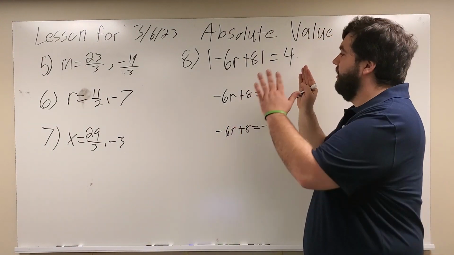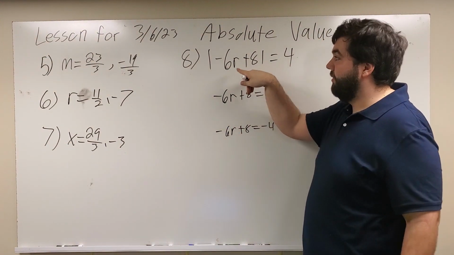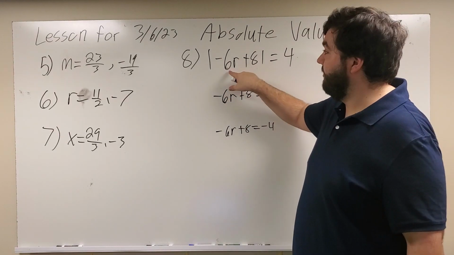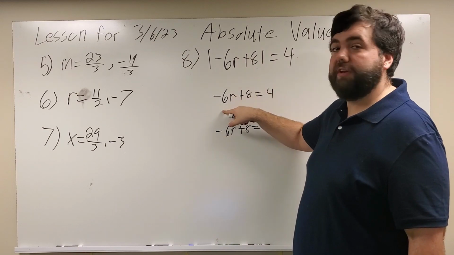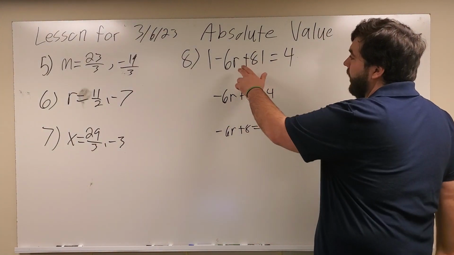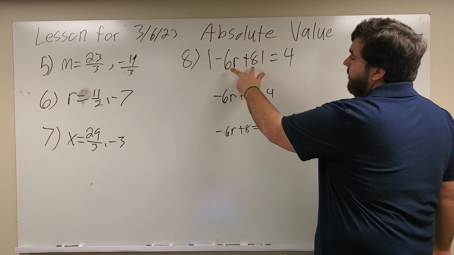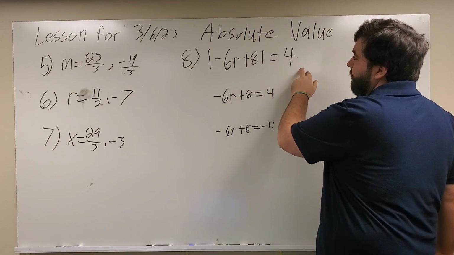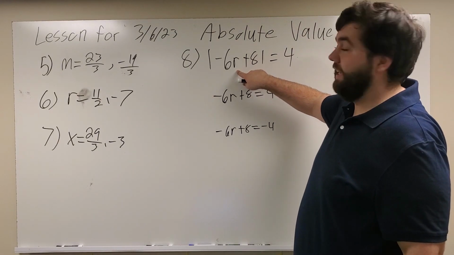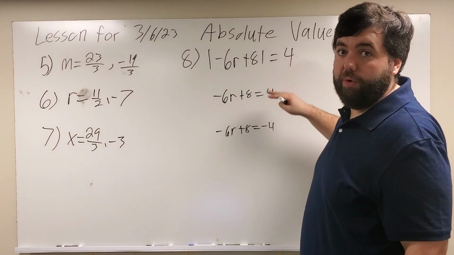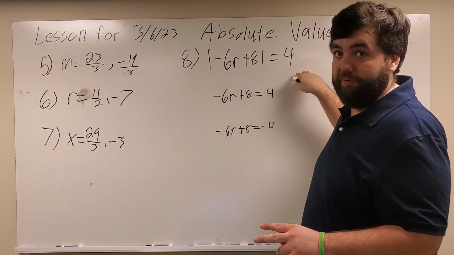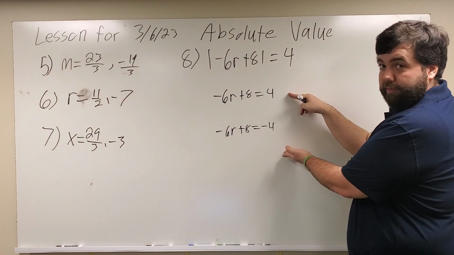But whatever's in there, I want you to rewrite exactly. There's a negative 6 inside that absolute value. There's a negative 6 when you're solving. Because what you're asking yourself is, what can I plug in for r to make this absolute value 4? So basically what you're saying is, what can I plug in for r to get either 4 or negative 4? Because those are my only 2 answers for the absolute value of 4. And that's exactly how it's written.